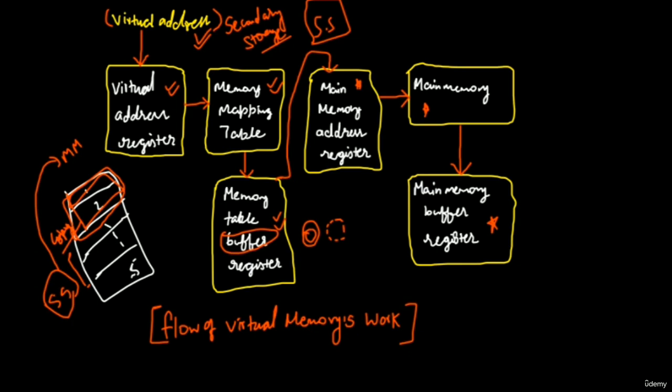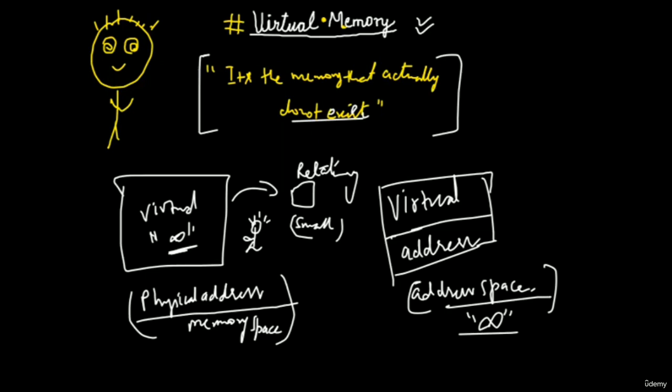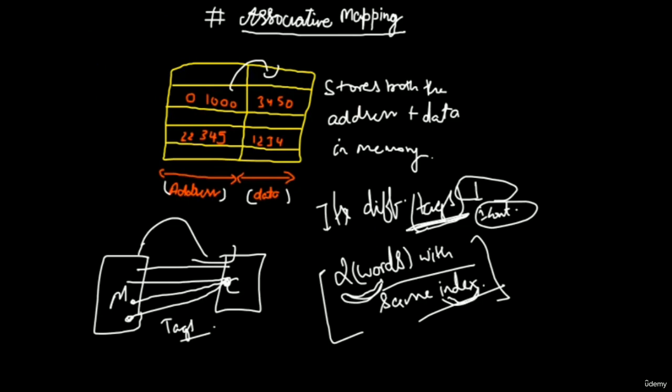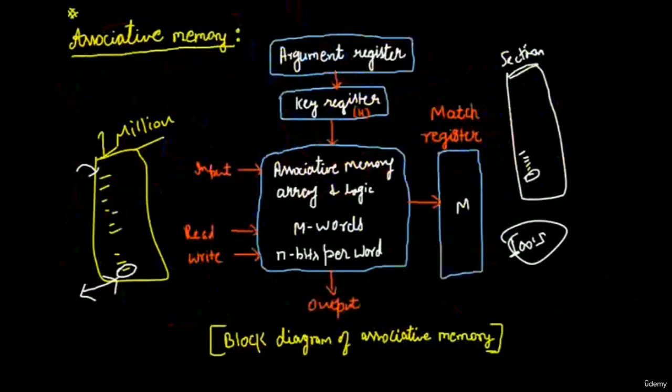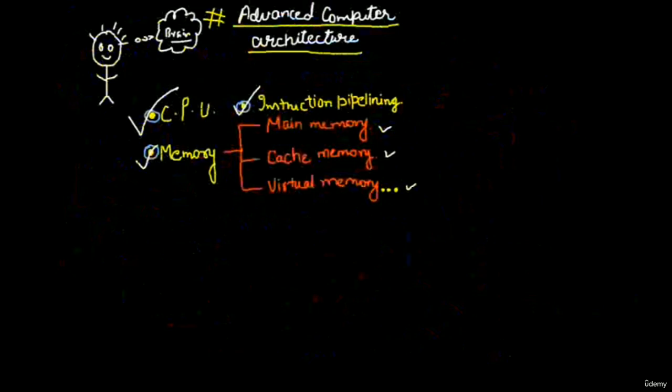I hope you have got the entire point of virtual memory, and with this we are finished with our most exciting section, studying, well, what? Can you guess? Yes, the memory part. We have covered the main memory, the cache memory, and finally the virtual memory.